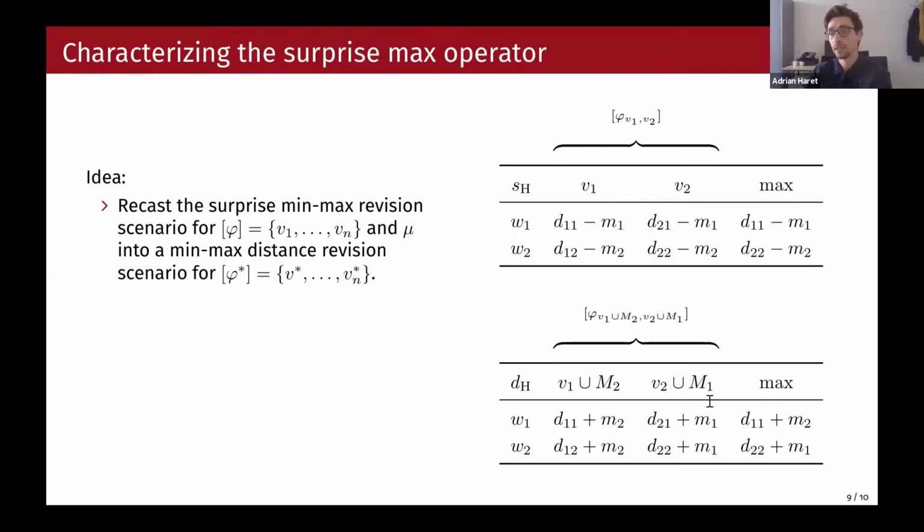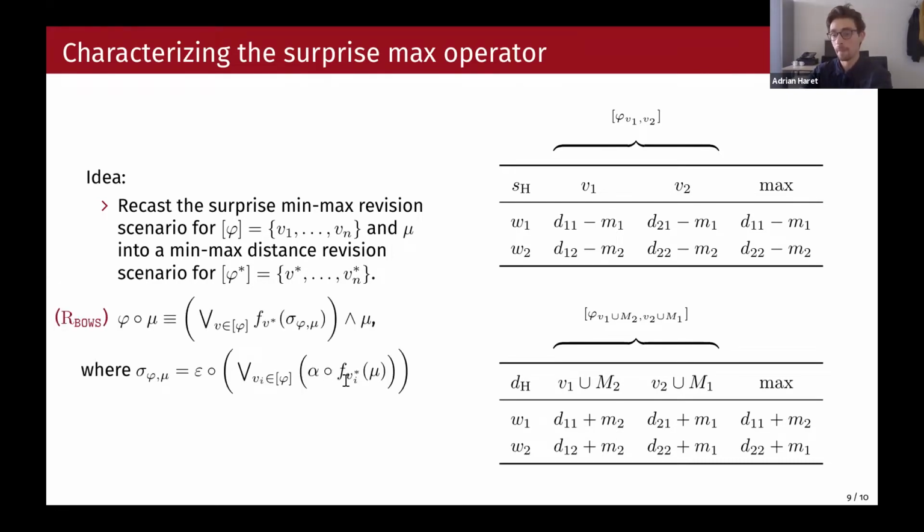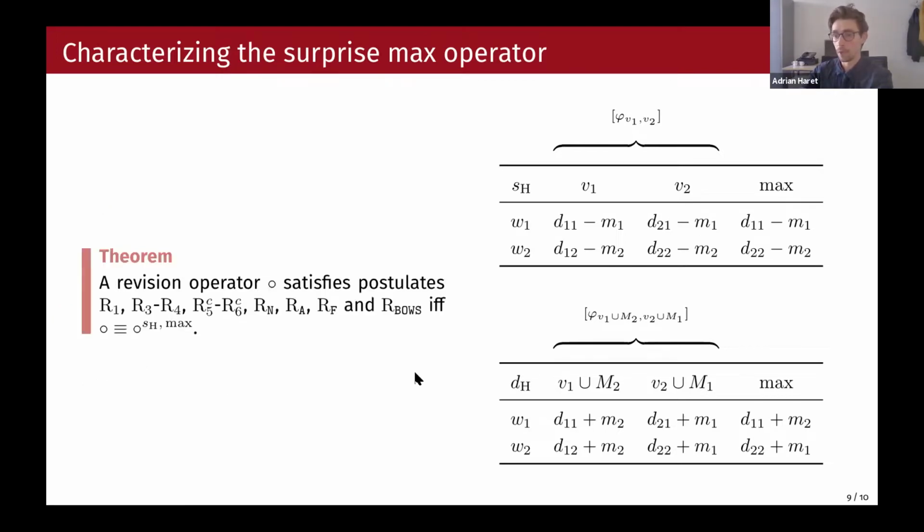And this we know how to deal with from the previous slide. The intuition here is encoded in a particular axiom that uses the same kind of flipping arguments, except that now you use it on the V star models rather than the V ones. Okay, and in this way you can characterize this operator as well.